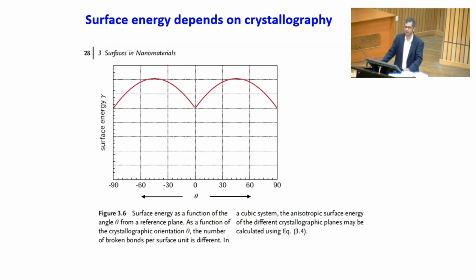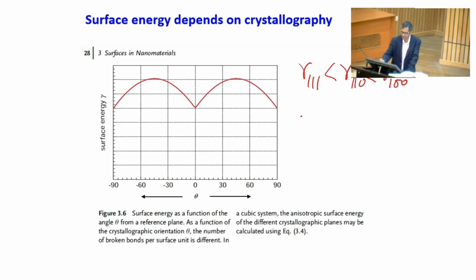Now, if you plot surface energy as a function of theta from any reference plane, as you see, the number of broken bonds per unit surface is different with crystallographic orientation. So, in a cubic system anisotropic surface energy of different crystallographic planes may be calculated by this. Surface energy of 111 plane is lower than surface energy of 110 plane, which is lower than surface energy of 100 plane.